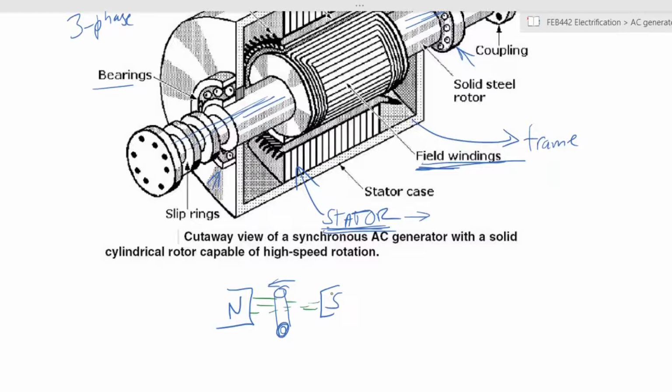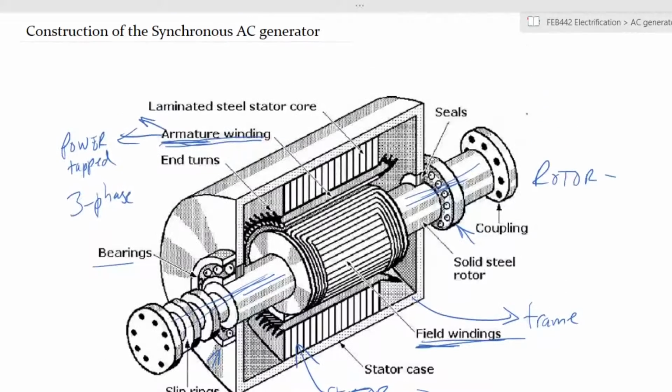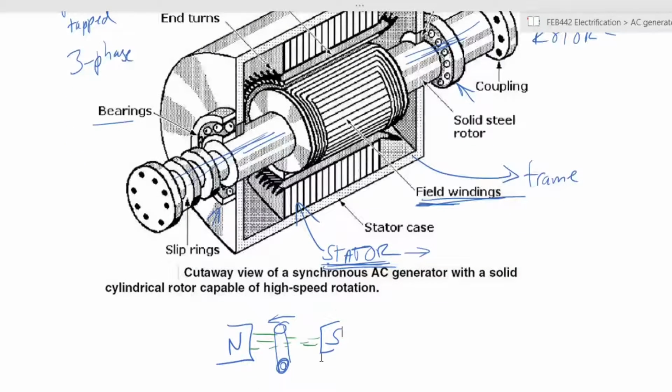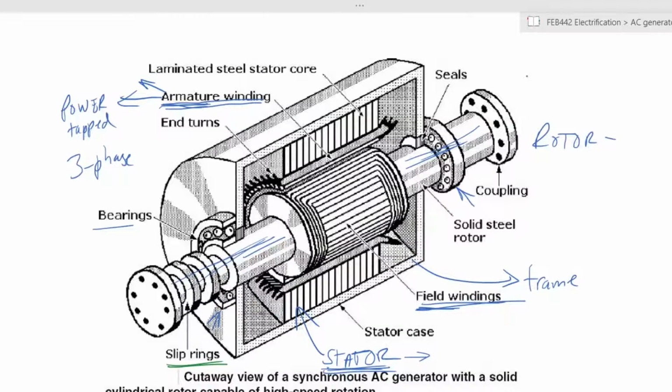And note that in the practical construction of the synchronous AC generators, the field windings are the ones that rotate, and the armature or the current carrying conductors are the ones that are stationary. The reason for that is, in order for you to tap off power from the machine, you have to have a way to connect it.